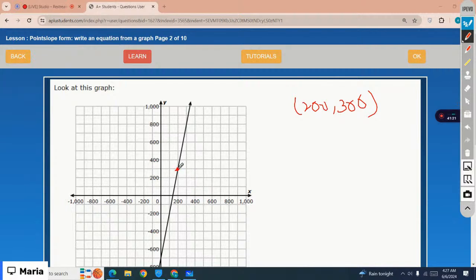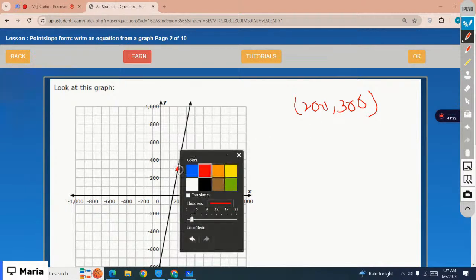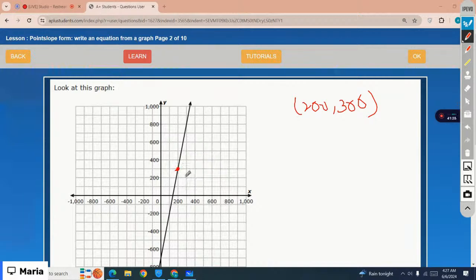You have the point, now you have to find the slope, right? The slope is 5 divided by 1. So the equation is y minus 300 equals 5 times x minus 200.